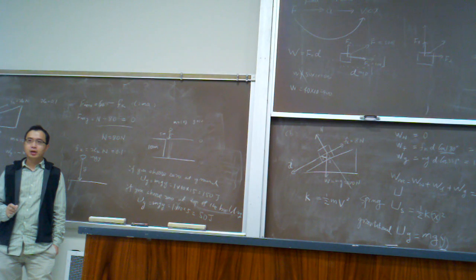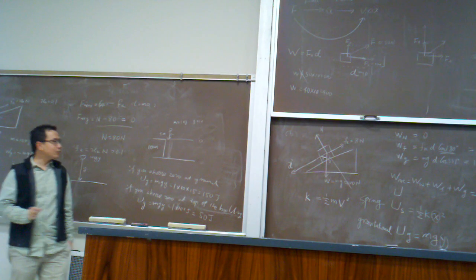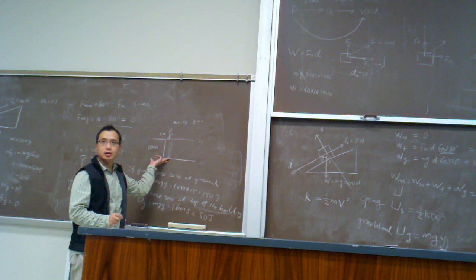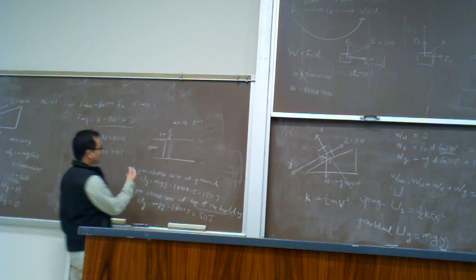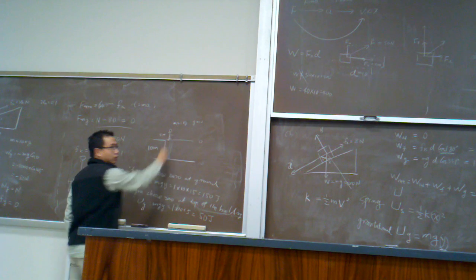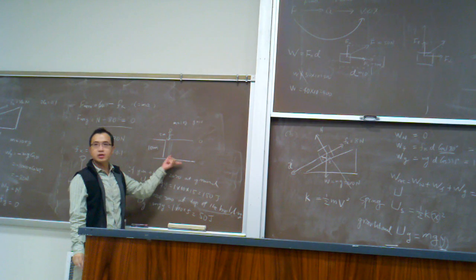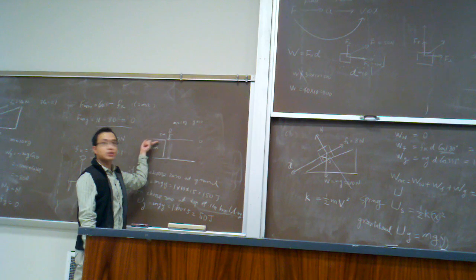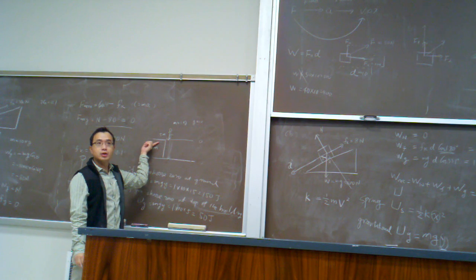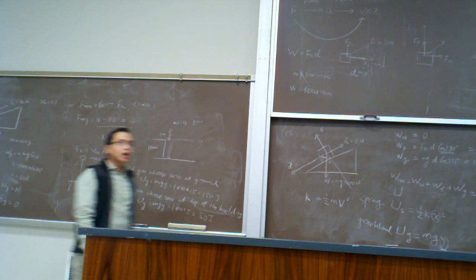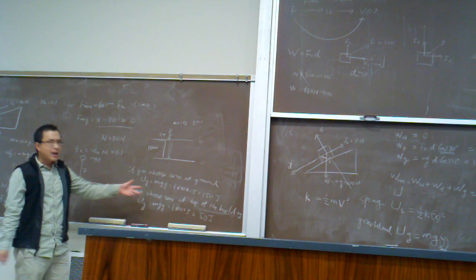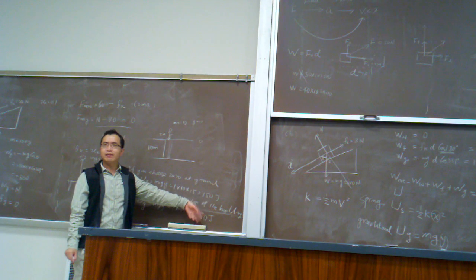In many cases, we may not choose the ground as our zero reference point. Especially if you consider some motion from here to here, there is no reason to choose the ground as the zero. You can simply choose here as your zero. And later we are going to see why it doesn't matter even though they have different numbers.